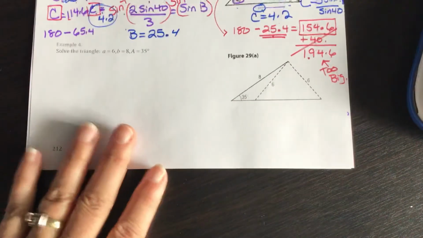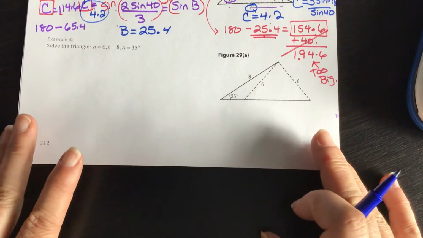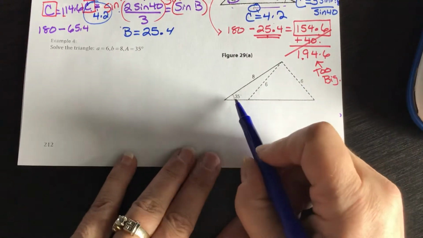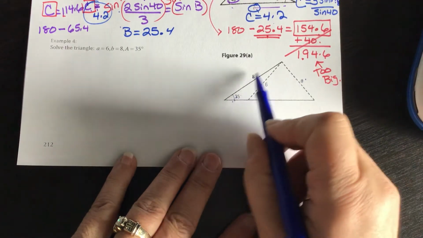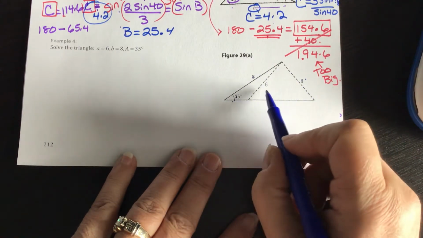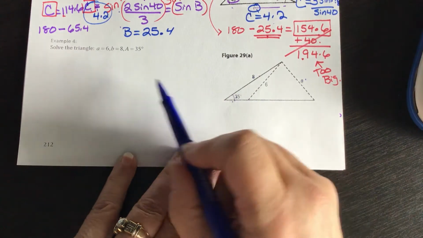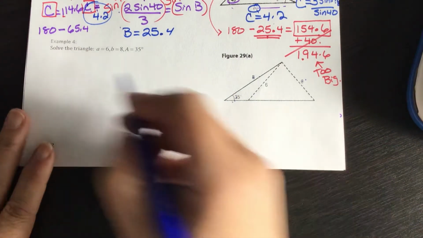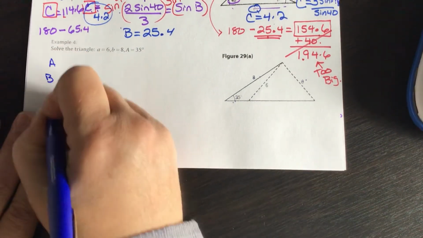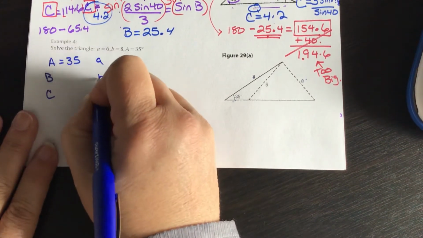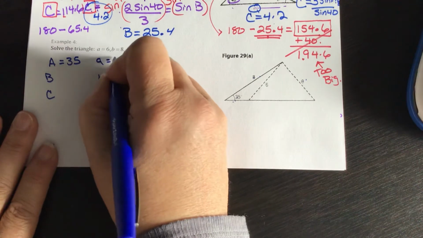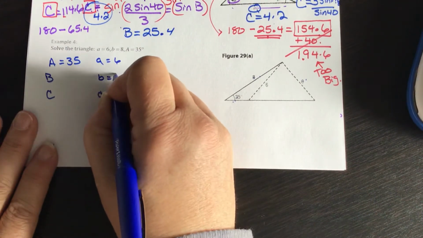All right, so in example 4, here I have angle side side, or side side angle, and it says that my angle is 35. My side A is 6, my side B is 8.